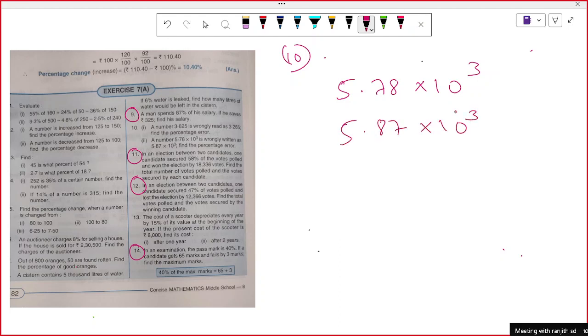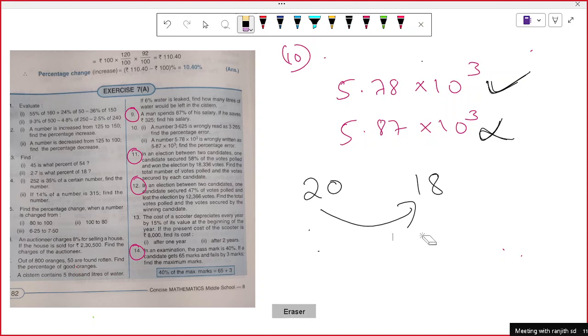A number is wrongly read. Which is the right one? 5.78 is the right number. You were supposed to write this, but instead you have written this. That is the concept. For example, you plan to write 20, but you have written 18. The difference is 2.